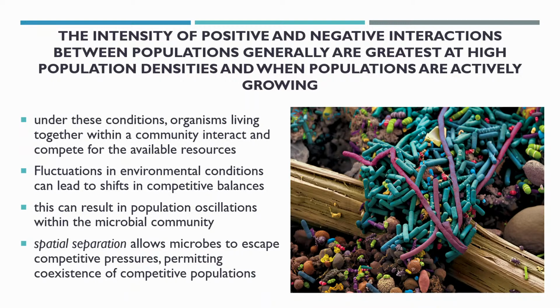Those are separated spatially, and they're connected. Our mouth is connected to our airway and our gut, but they are also still separated. That's what allows those microbes to survive and continue to fluctuate in those environments and exhibit these different positive and negative interactions that oscillate.